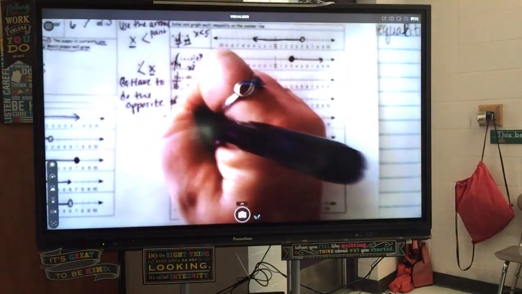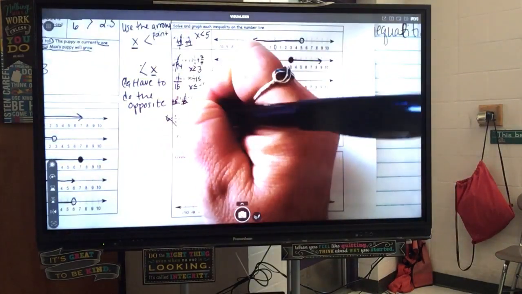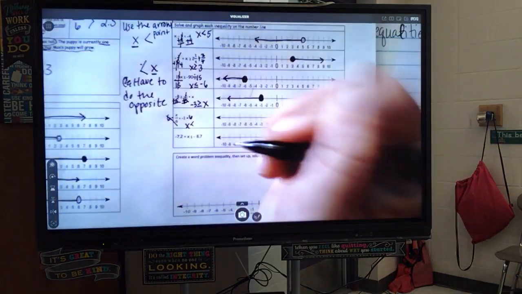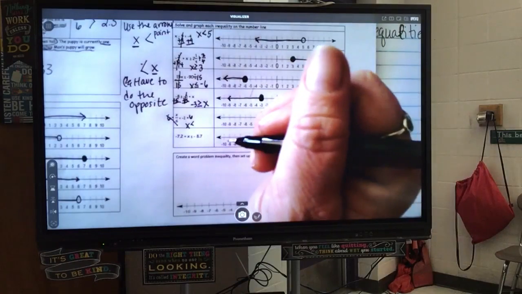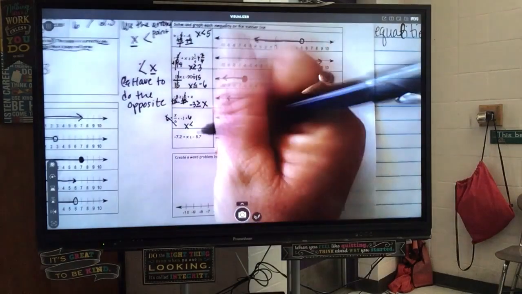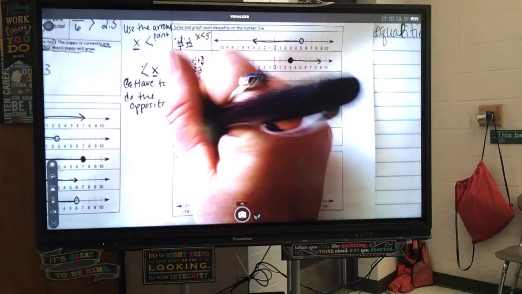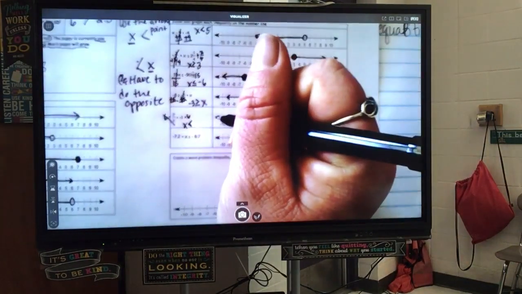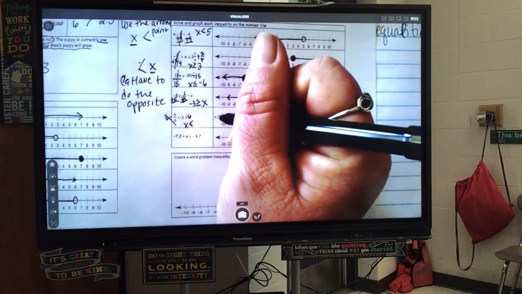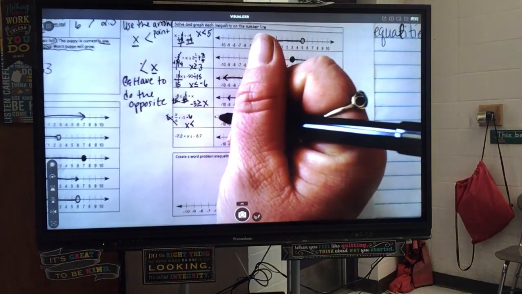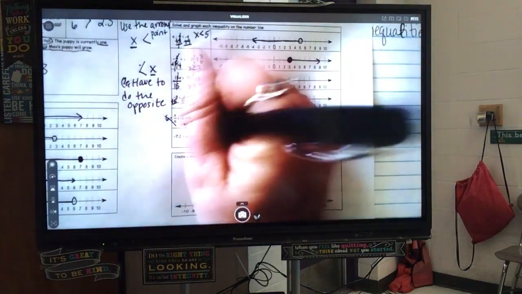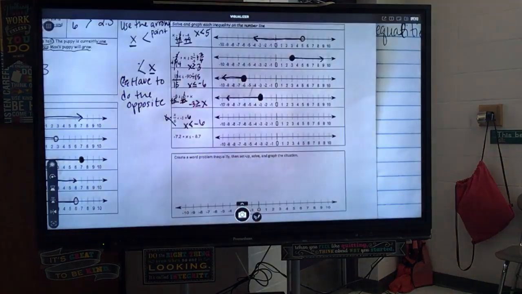Did you say it's the inverse operation? Yes, ma'am. Alright, so then you have x is less than... when you multiply a negative and a positive, you get what? Negative. Okay, so you end up with negative 6.